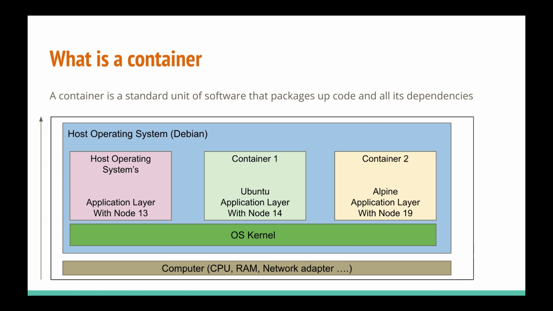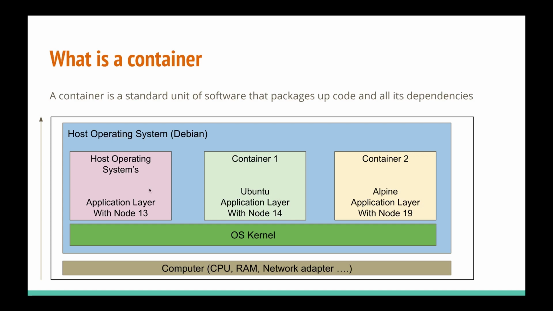Now, what is a container? A container is an isolated application layer which shares the OS kernel with the host operating system. So we can have container 1, which is an Ubuntu container sharing the same OS kernel, and we can install Node 14 on it.